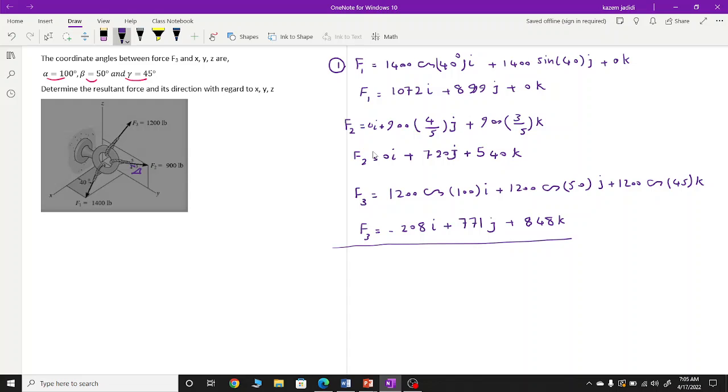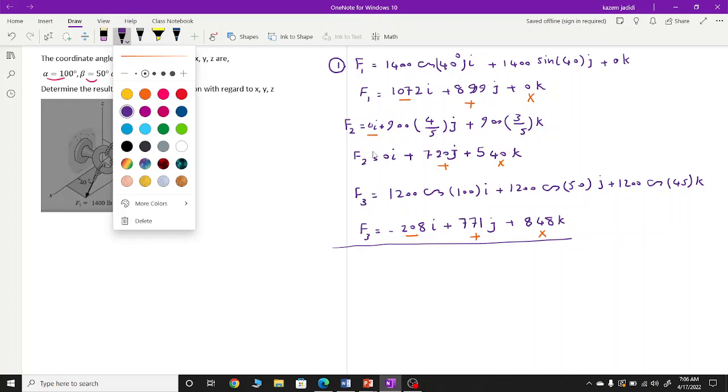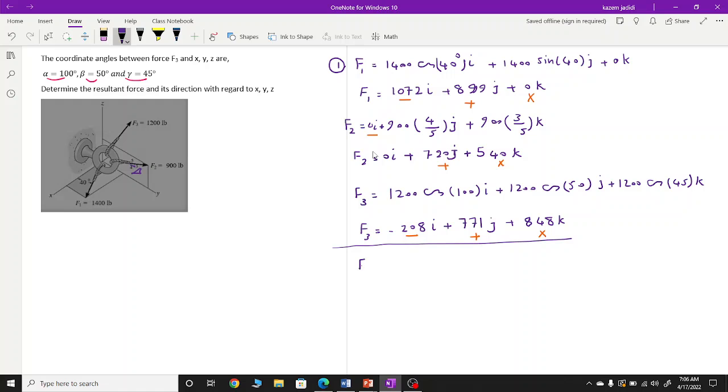Now we can add them to each other because we have i in each force, and we have j, and k. We can add i's to each other, j's to each other, and k's to each other. And by adding them, we can form the Cartesian format of the resultant force.